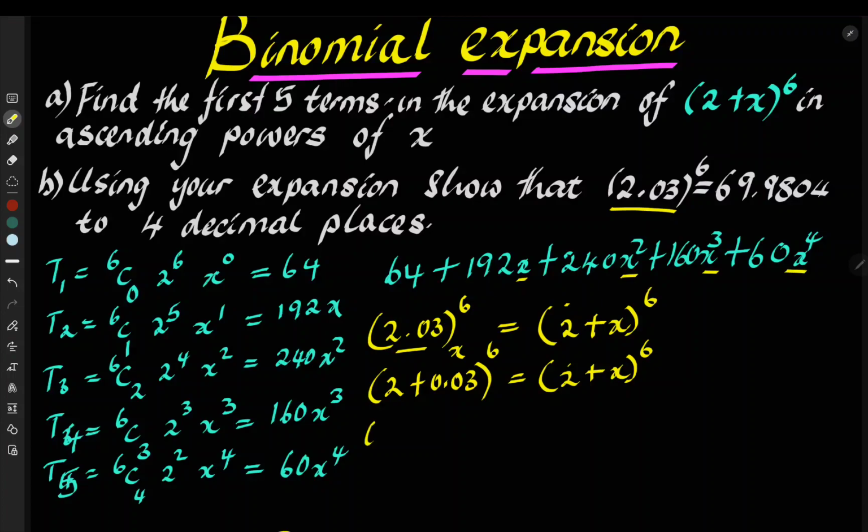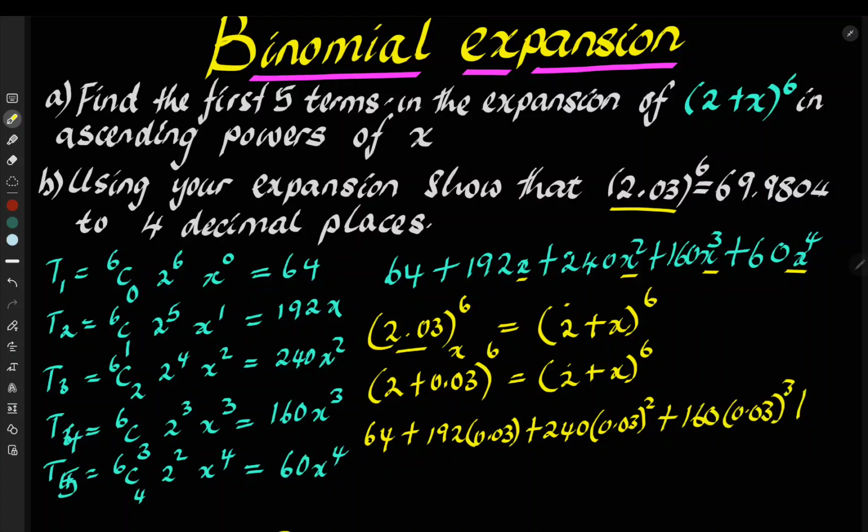So that will become 64, then plus 192 bracket 0.03, then plus 240 bracket 0.03 squared, then plus 160 bracket 0.03 cubed, then lastly plus 60 bracket 0.03 to the power of 4.